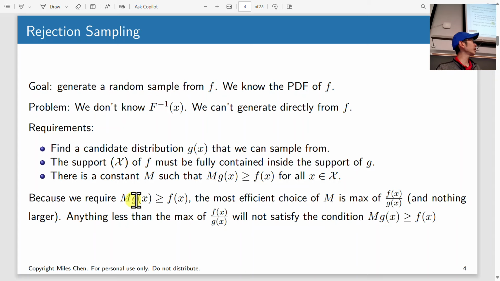Because we require M times G of X to be greater than F of X, the most efficient choice of M is to find the ratio of F divided by G and find the maximum value.